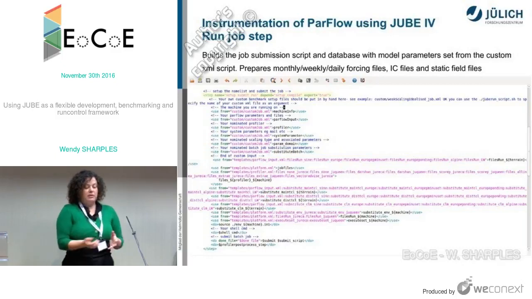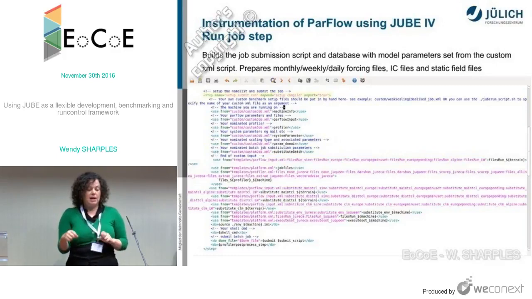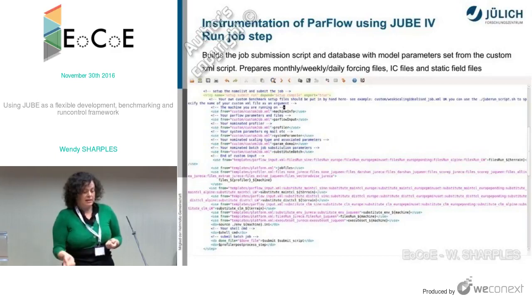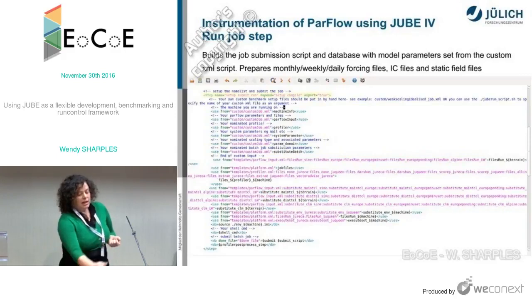In the next step, you've got your run job step, and this builds the job submission script and database with model parameters set from the custom XML script, and prepares the monthly, weekly, or daily external forcing files, the initial condition files, and the static field files. And so again, you've got your custom job stuff that gets substituted out at the beginning, and then your templates at the end of your different ParFlow model setups, like Europe or the Alpine region.